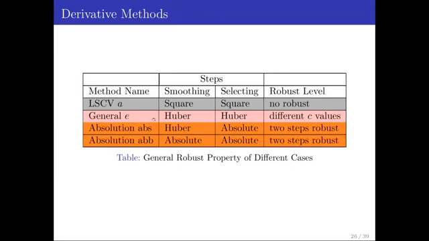We name the one that only uses the Huber robust function as the general E function, and we name the other two ABS and ABB. ABS means you use the Huber function in the smoothing process and the absolute function in the selection process. ABB means that you only use the absolute value function in both processes.